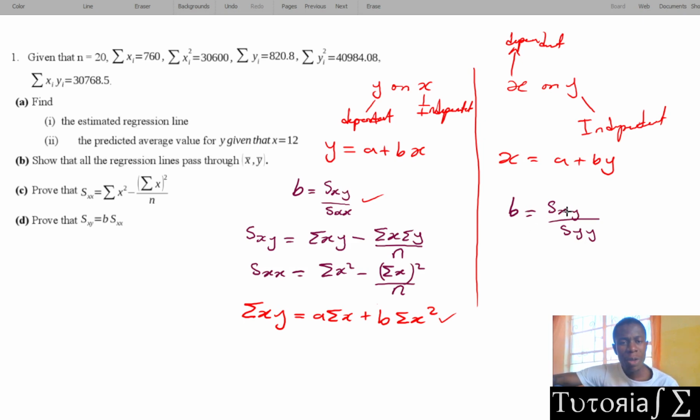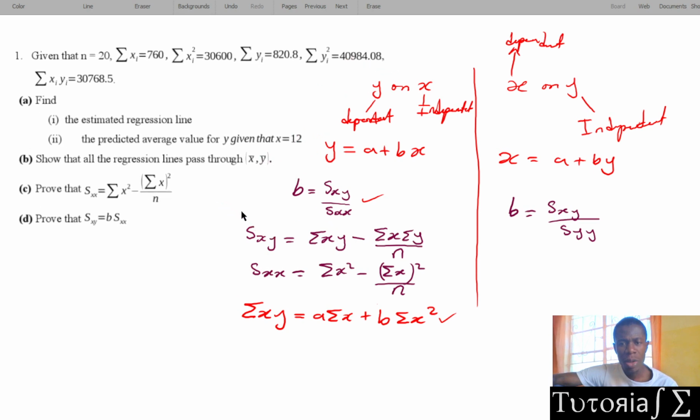Then how do you find Sxy? Sxy is the same Sxy that is here. So let me just carry it from here.